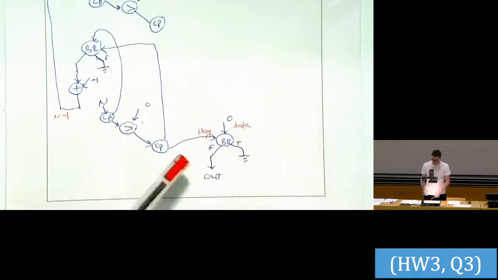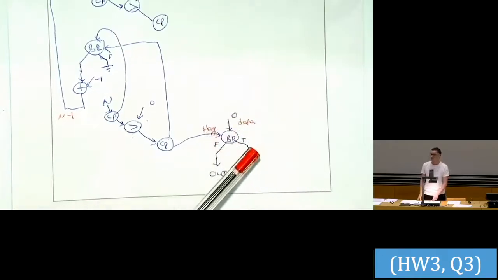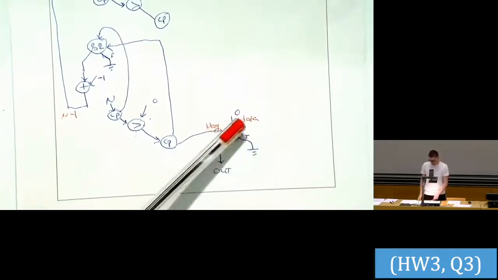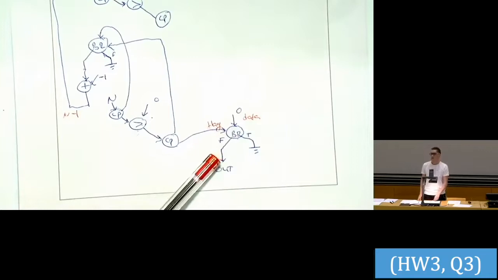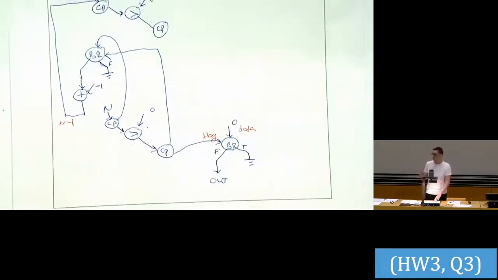If the flag is true, the data goes to the true path. If the flag is false, the data goes to the false path. So the token is generated only on one of the output paths in the branch node. Is it clear? Okay.